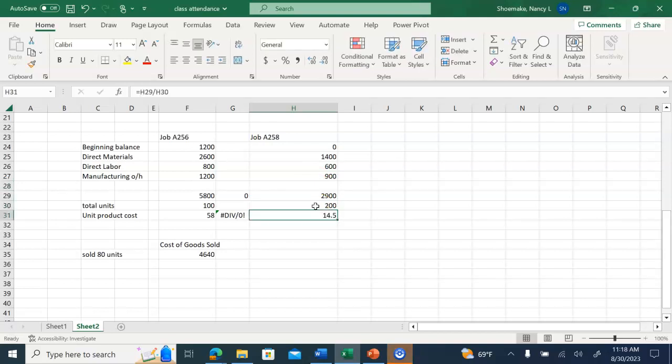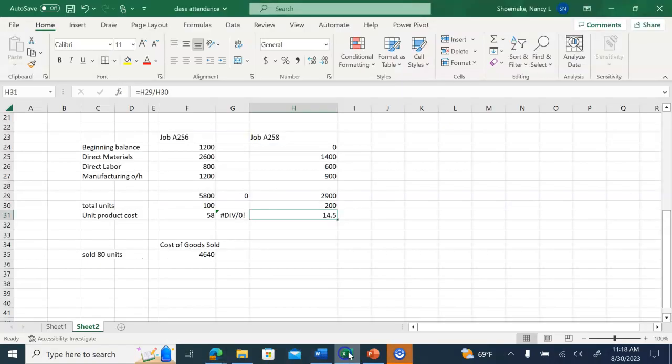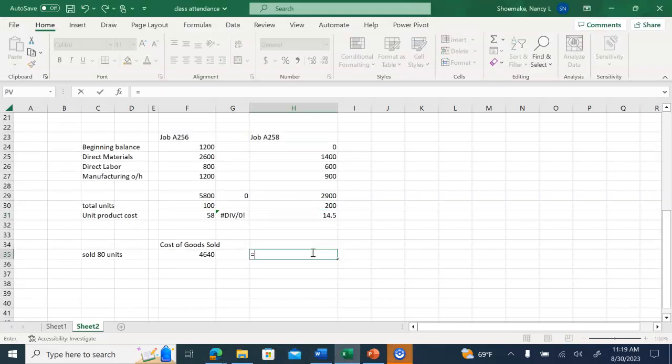So wouldn't the cost per unit be $14.50 per unit, and we sold 40 units. So if we sold 40 units, wouldn't it be the 40 units times the $14.50 or $580?